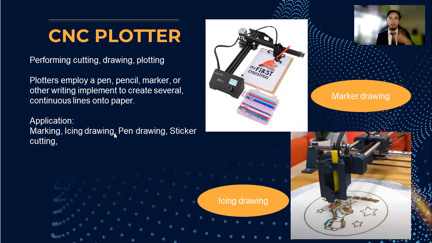It can be used in many places: marking, icing, pen drawing, sticker cutting, and so on. This is for additive manufacturing. For subtractive manufacturing, as I said before, a sticker cut by a plotter machine.